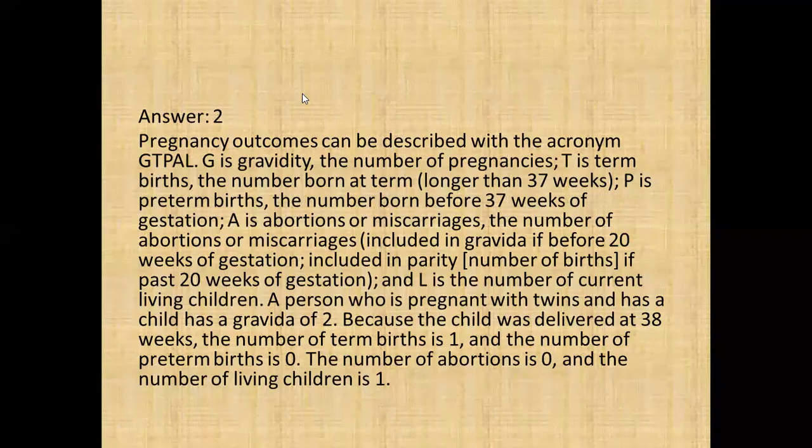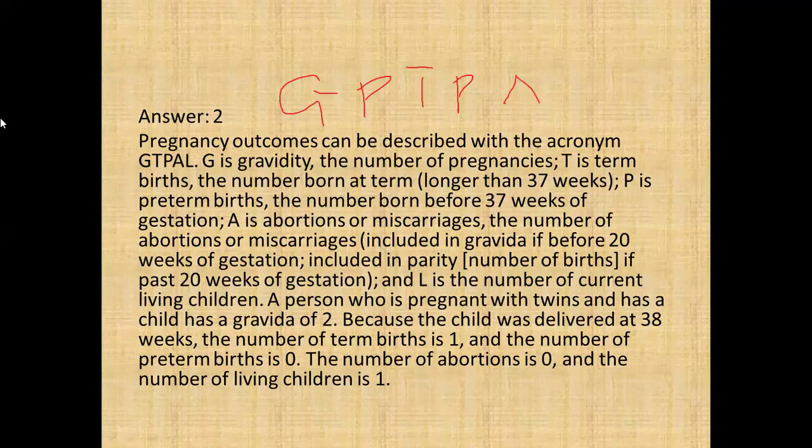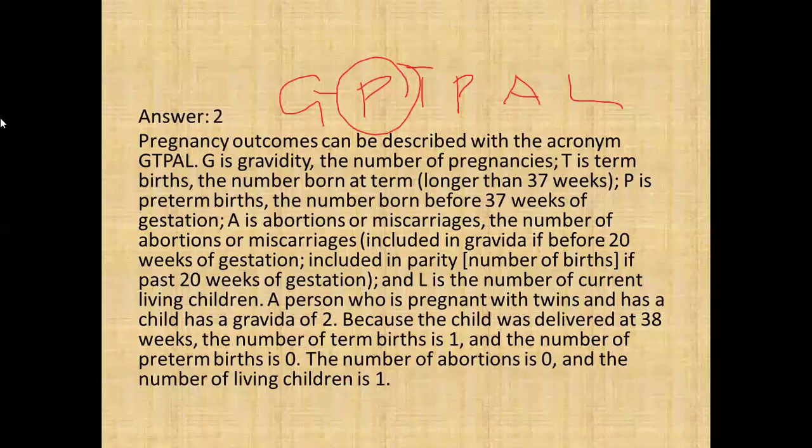If they want the parity to be counted, or they want to indicate the parity, you see the G, P, this P representing parity. Then you see T here, then you see P here, then you see A here before the L. Meaning that in this instance, one of the P's is parity. And so the parity mostly comes after the gravidity.